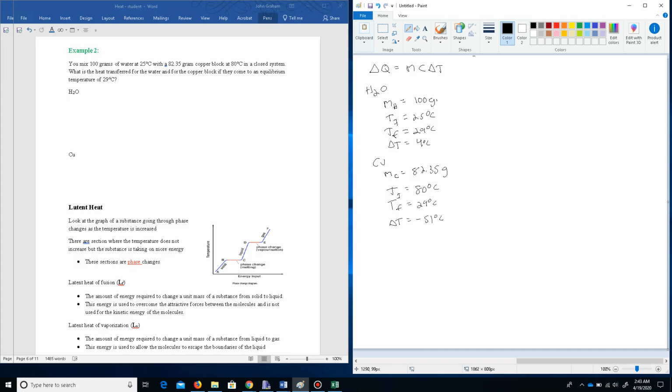Now, the water has a specific heat. I'm using H for mass, so for the H2O, so put a little H's there. The H2O is 4,200 joules per kilogram Celsius, and then the copper is 400 joules per kilogram Celsius.